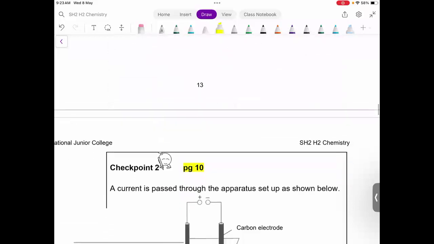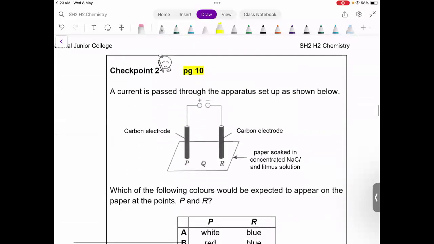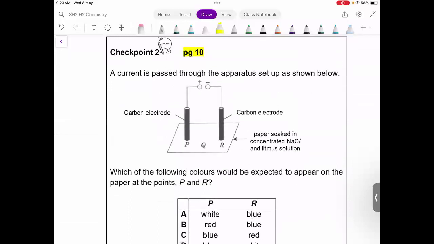So let's look at checkpoint number 2. Can you work on checkpoint number 2 now?